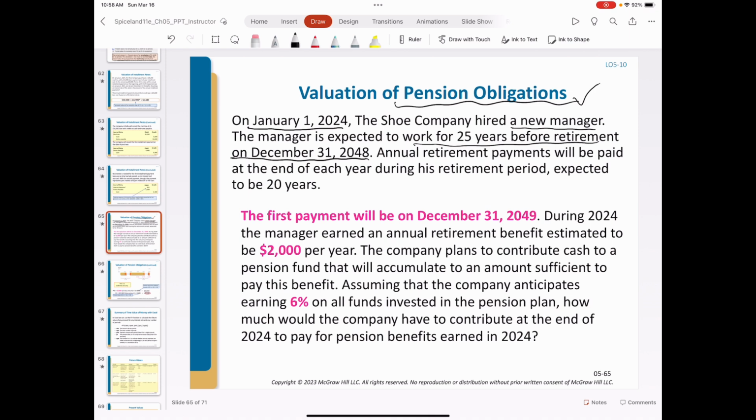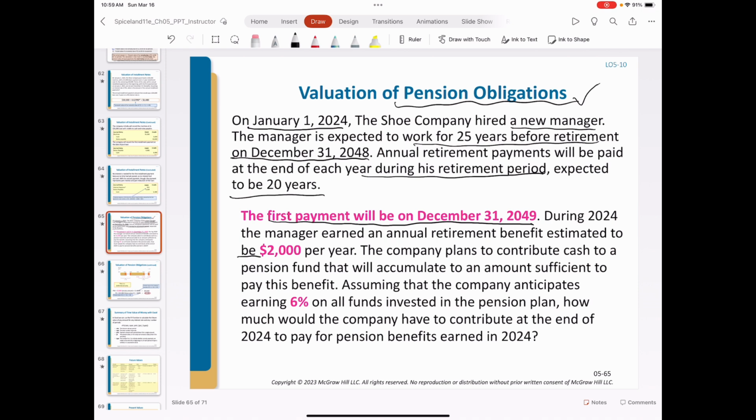After retirement, she is going to receive the pension for 20 years. So the 20 years of pension benefits is for this employee, but this represents the company's obligations. The first benefits will be paid by the end of 2049.